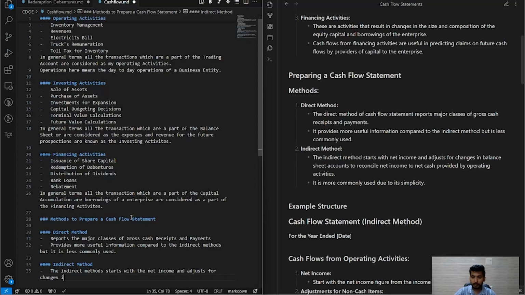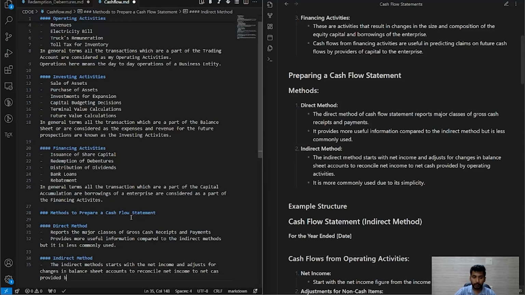for changes in balance sheet accounts to reconcile net income to net cash provided by the operating activities.